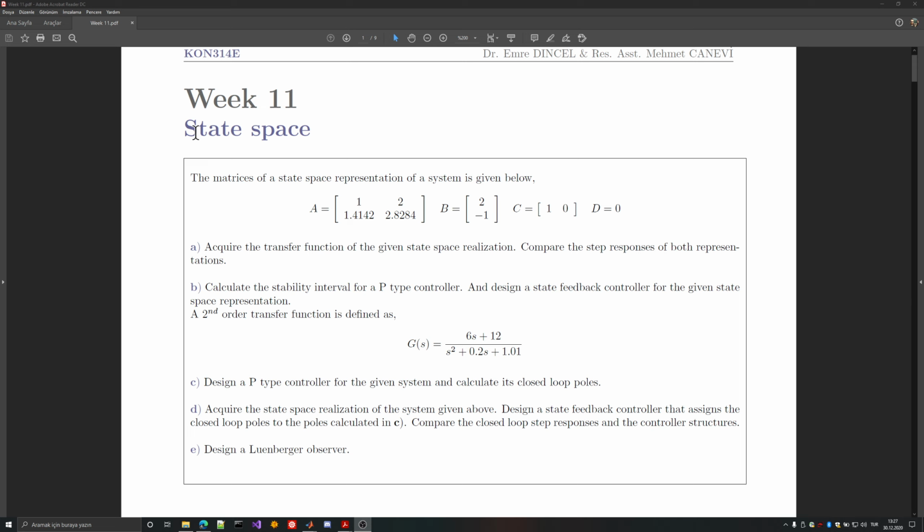The only thing to note here is that if you have a state space model, there's only one transfer function that corresponds to the state space model. And we will see today how to calculate that. But if you have a transfer function model and you want to convert it into the state space model, there are an infinite amount of state space models that can represent your system.